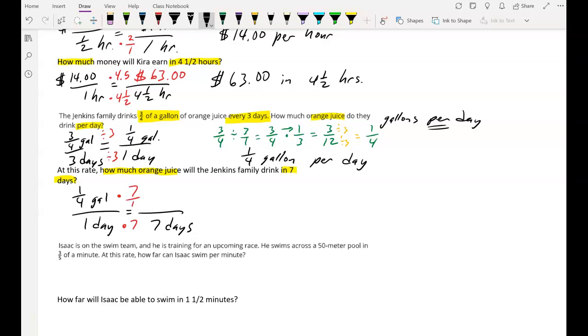Multiply straight across. 1 times 7 is 7. 4 times 1 is 4. 7/4. 4 goes into 7 one time, with 3/4 left over. So 1 3/4 of a gallon in 7 days.